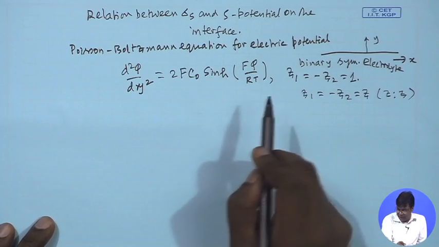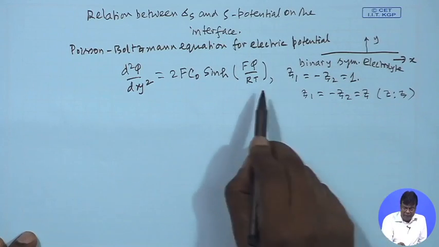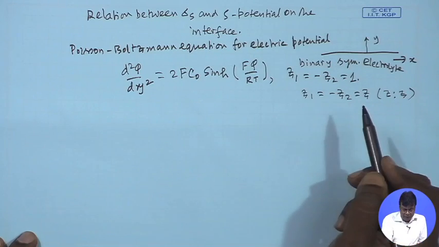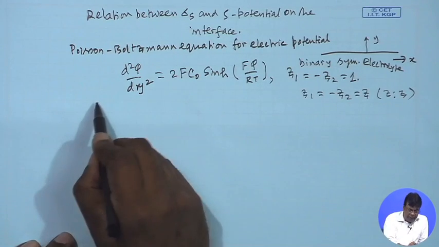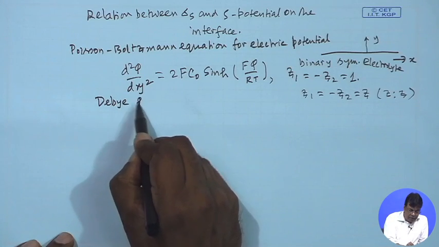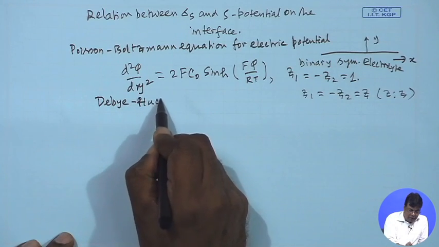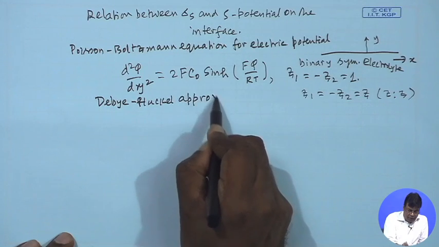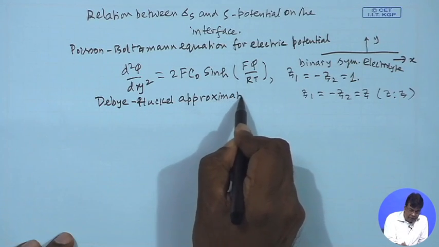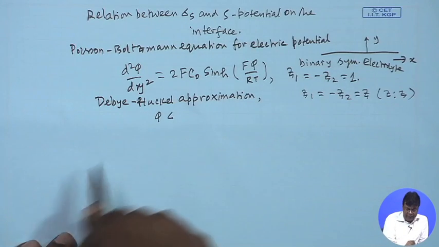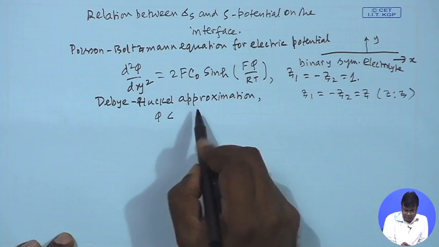For the sake of simplicity, we have taken the monovalent situation. Now, if I apply the Debye-Huckel approximation, what we have assumed is that phi is less than RT by F.